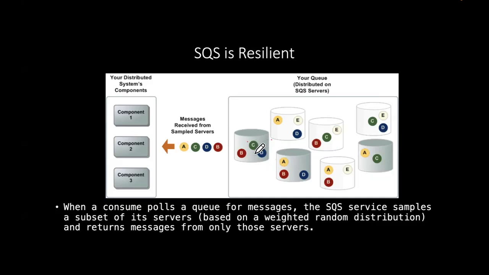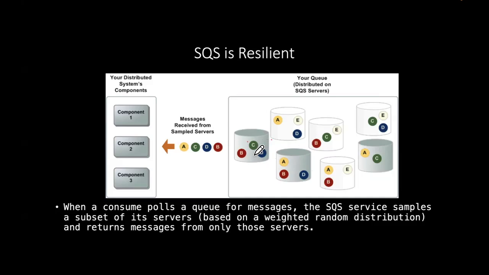And if there were more than 10 messages, say a couple of hundred on each of these, it will still only pick 10 of them. I won't say it's the first 10 because there's no notion of first or last. It'll just select 10 messages.